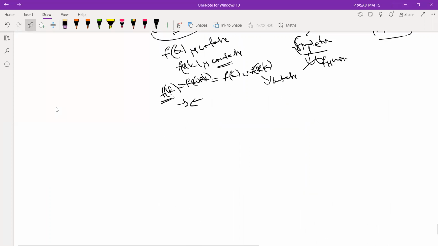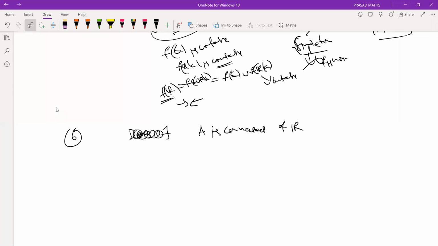Next is problem number 6. Does there exist a continuous function? Suppose A is a connected subset of R, such that f takes rationals.